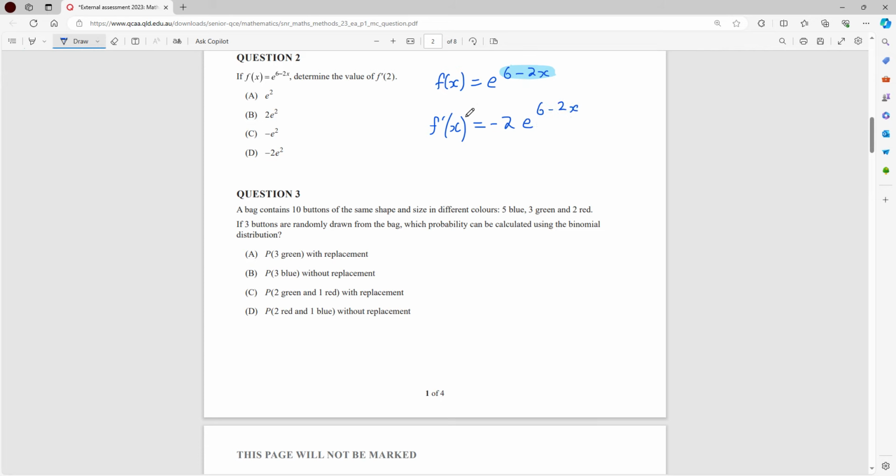Then you have to work out f dash when you put in x equals 2. So just substitute x for 2. So we go negative 2, e to the 6 minus 2 times 2. So what we'll get is f dash of 2 is negative 2 e squared. So you can see straight away the correct answer would be D in this question. Now, let's take a look at the next question.